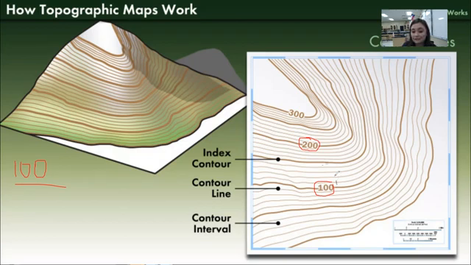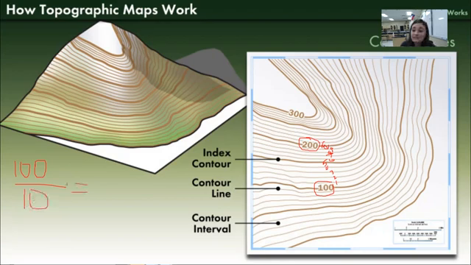So that's going to be 1, 2, 3, 4, 5, 6, 7, 8, 9, and 10. Oops, that's supposed to be a 10 there. So I am going to divide by 10.